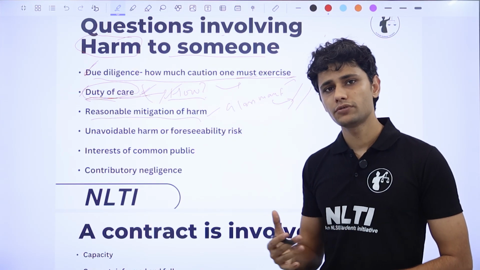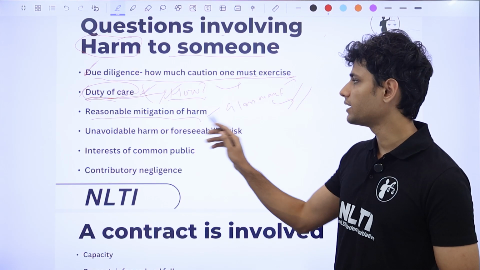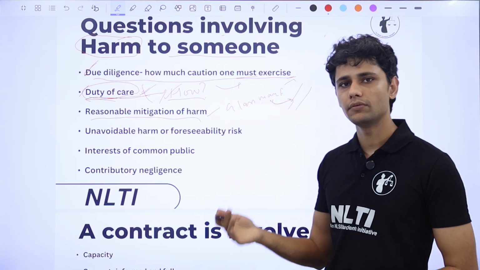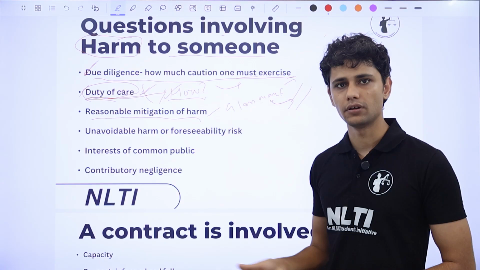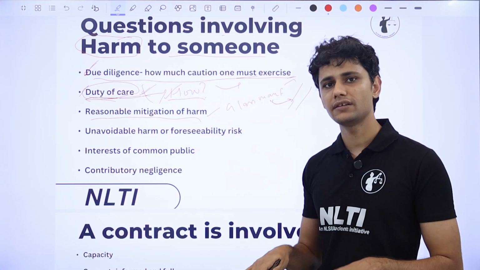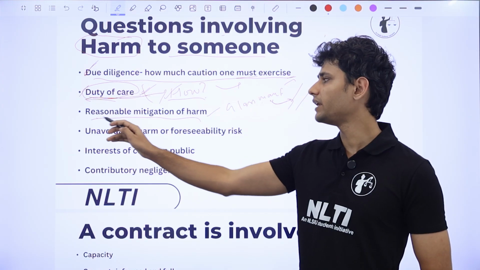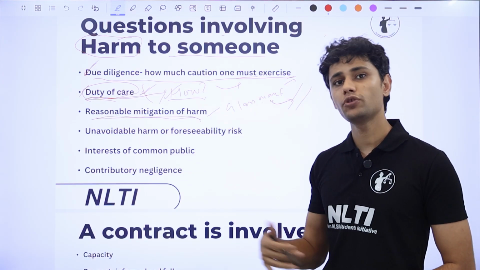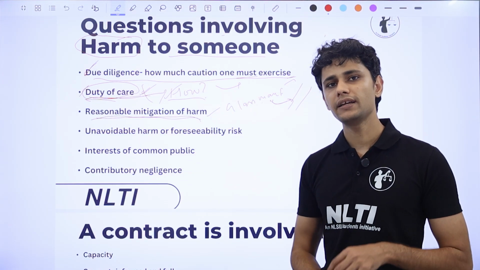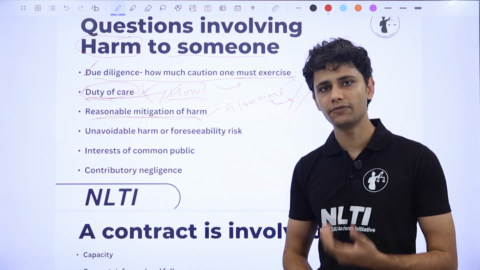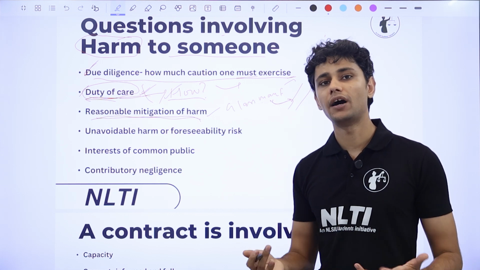Now, what we are supposed to check is whether this industry is taking reasonable steps to ensure that as little sewage is released into the river as possible, or are they just simply dumping every single piece of waste material into the river? So reasonable mitigation of harm means that when you're committing or you've already committed the harm, are you taking adequate steps to mitigate the extent of the harm? Because that shows that you actually have the will to not commit excessive harm on someone.